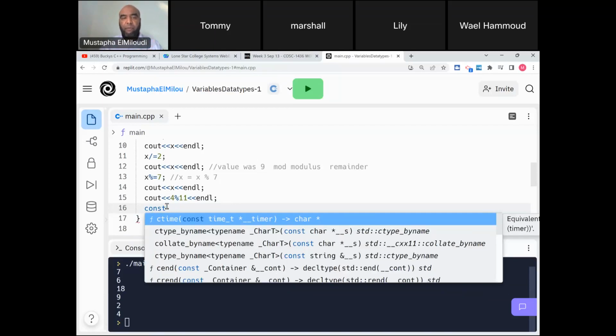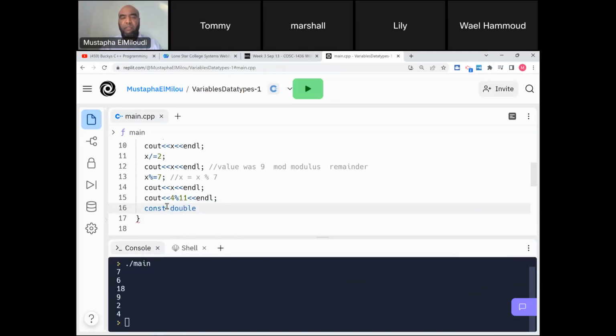For example, I may put something like this: double TAX_RATE, and then I'm going to assign it, let's say, 0.08. That's an example of a constant. So when I put const, that means there is no way you're going to change the value. And if you do, the program will generate an error. Why is this important? There are 2 things.